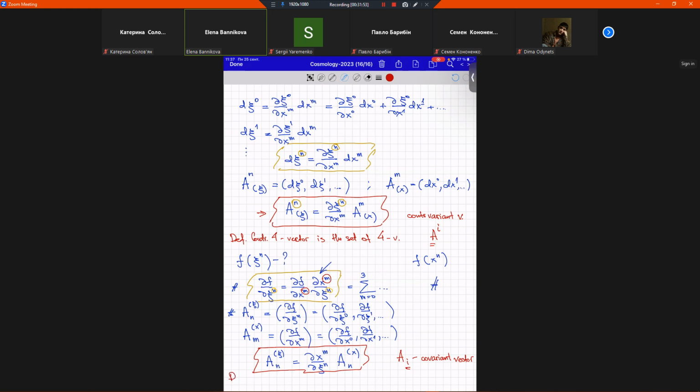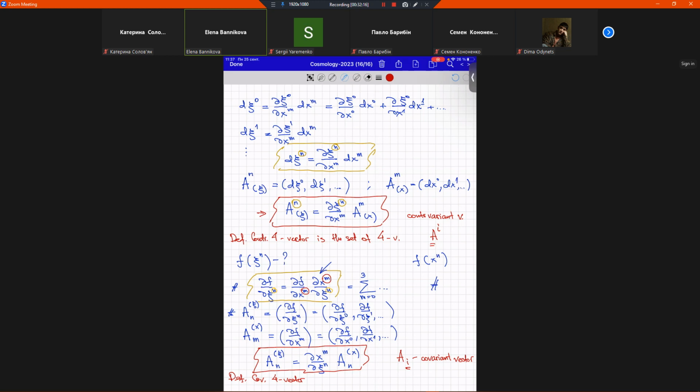So, definition of a covariant 4 vector. I speak now about 4 vectors, but in principle it can be 3 vectors, or 2 vectors, or even, if you are working in 10-dimensional space, 10 vectors.